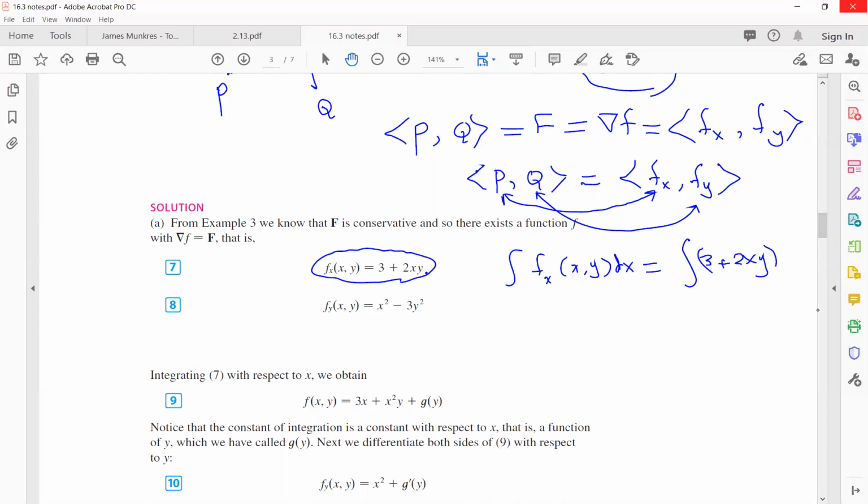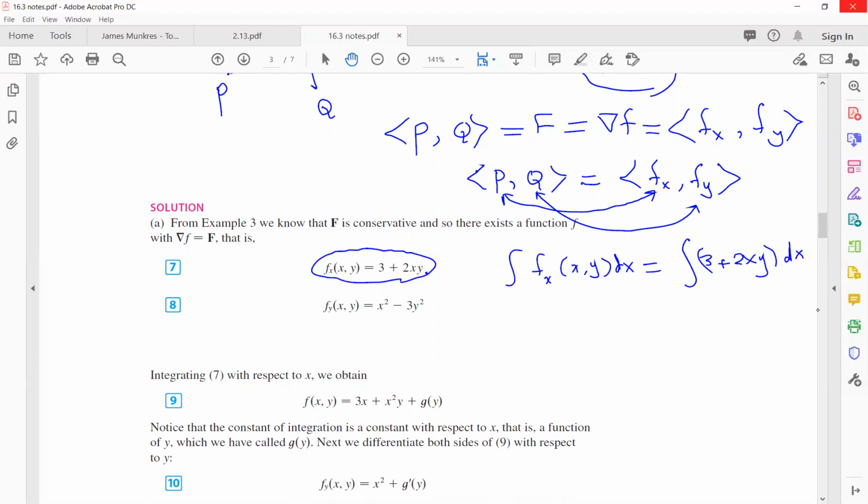Our goal is to get rid of the partial derivative which was taken with respect to x. So you are taking the integral of the function with respect to x. As you know, integral and the derivative are opposite of each other. So informally, you can say that they cancel out each other.